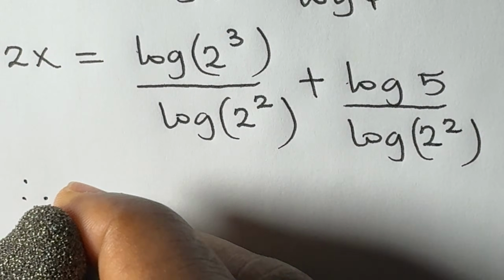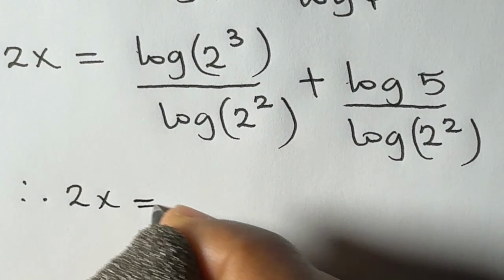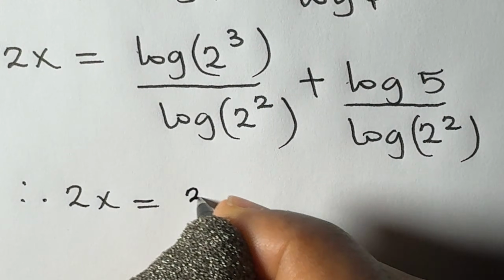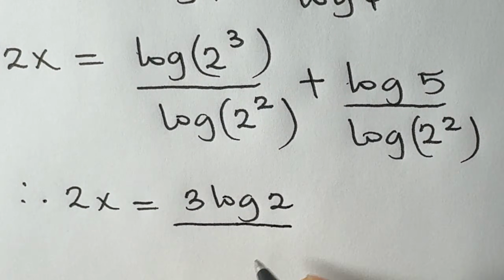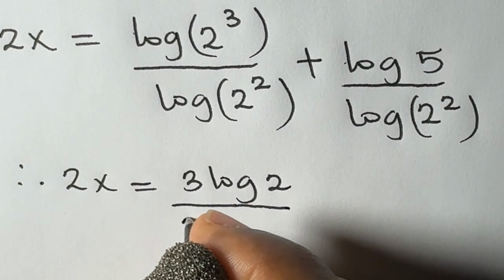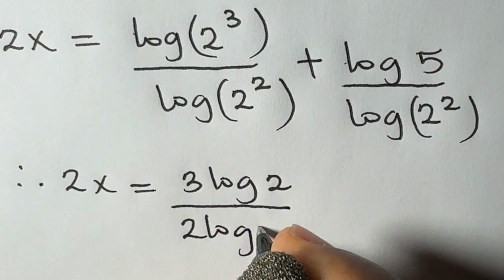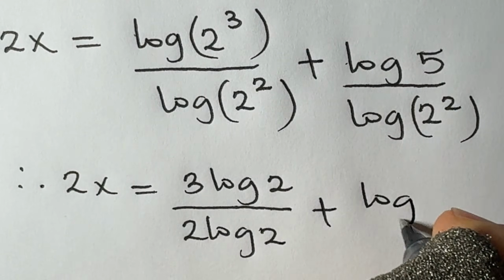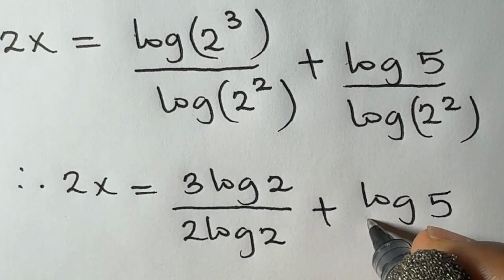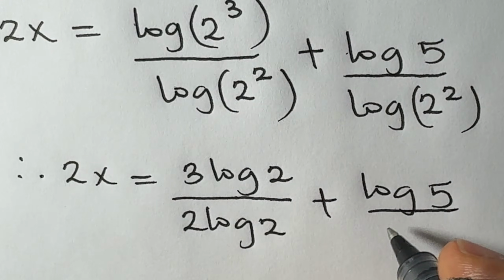Therefore, 2x is equal to 3 log 2 divided by 2 log 2, then plus log 5 divided by 2 log 2.